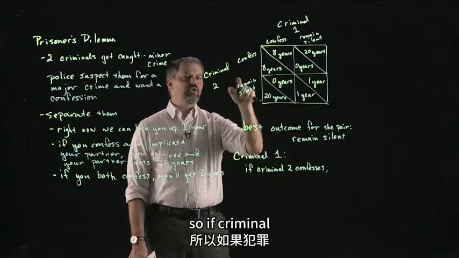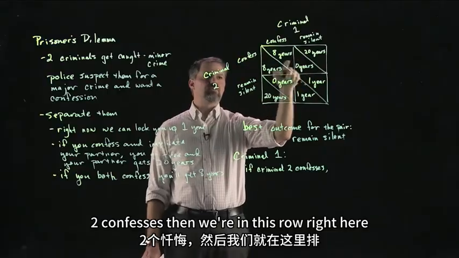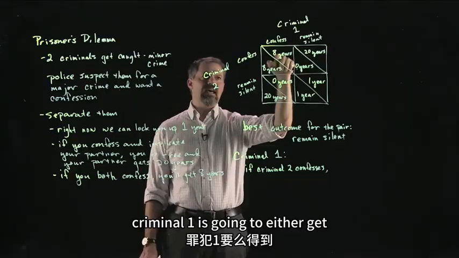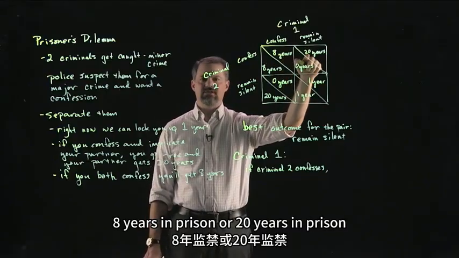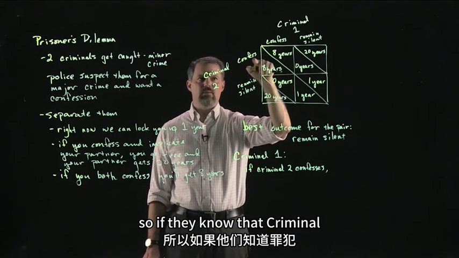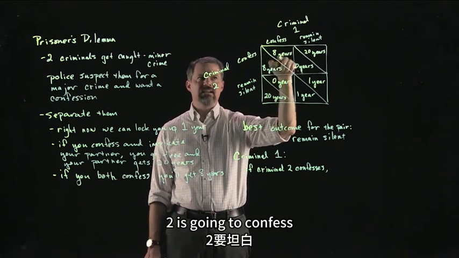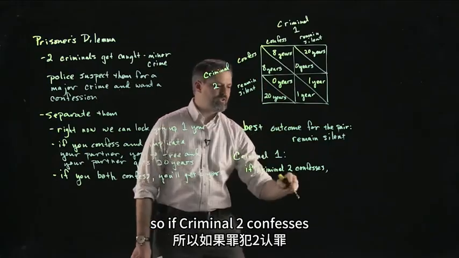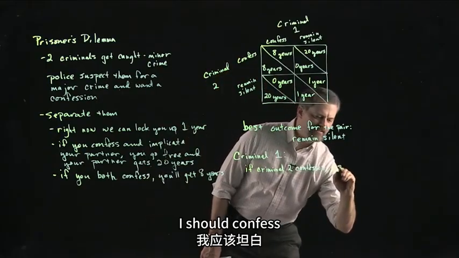If criminal two confesses, then we're in this row right here. Criminal one is going to either get 8 years in prison or 20 years in prison. They'd rather have 8 years in prison, so if they know that criminal two is going to confess, it's in the best interest of criminal one to confess. So if criminal two confesses, I should confess.